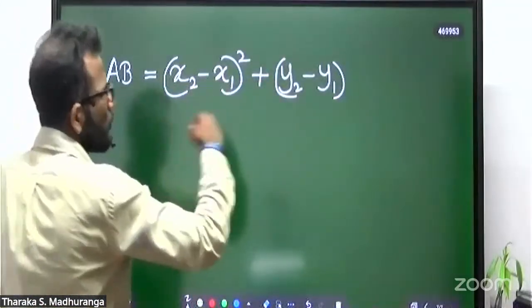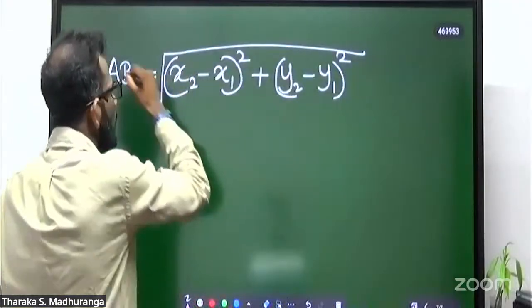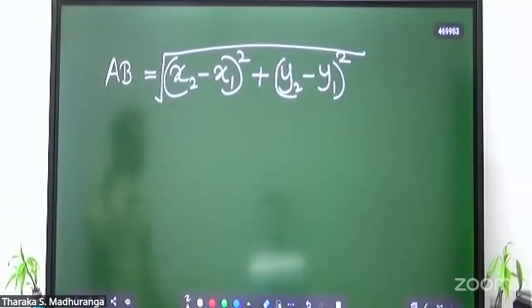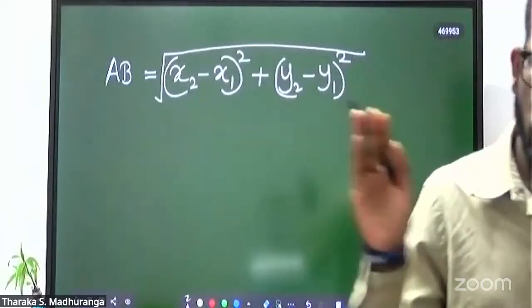If it is changed, no difference. Okay, note down the equation: x2 minus x1 squared plus y2 minus y1 squared, square root.